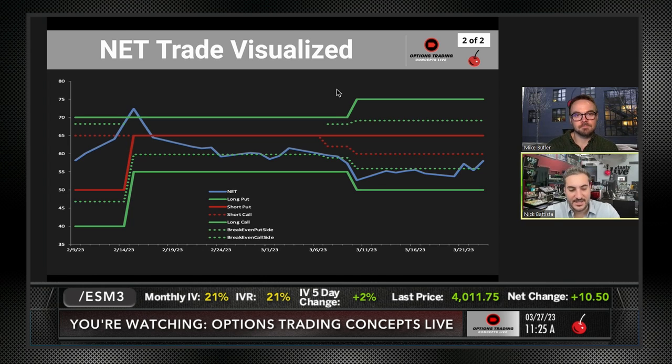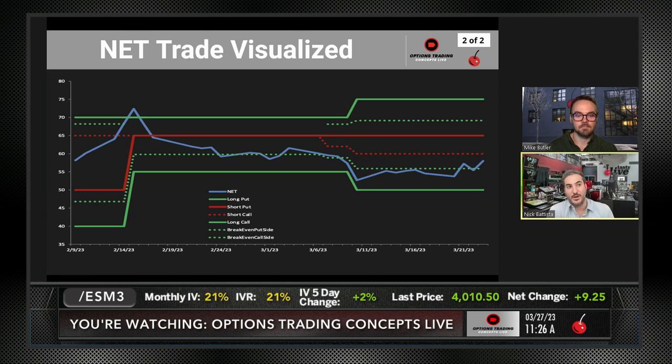Yeah. And another piece to this is that with an undefined risk trade, whether it be a straddle or a strangle, you might be able to exit even if the stock isn't at your break even point or right at your strikes. With a defined risk spread, the reason I was able to close this position is because it moved closer to my short options. Like, you really needed the stock to get near your short strikes.